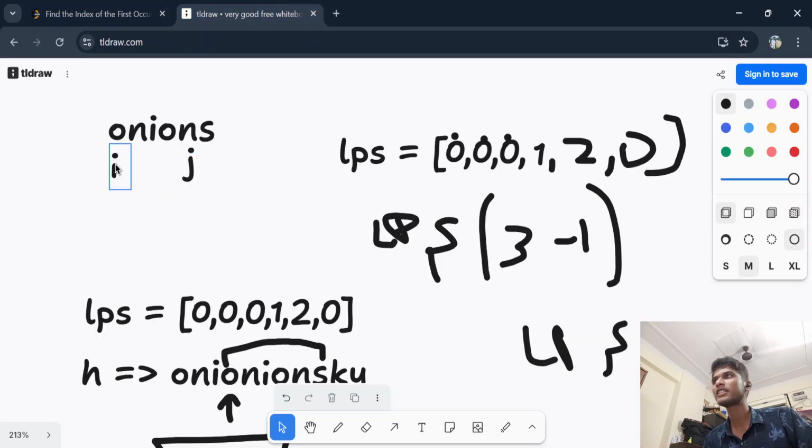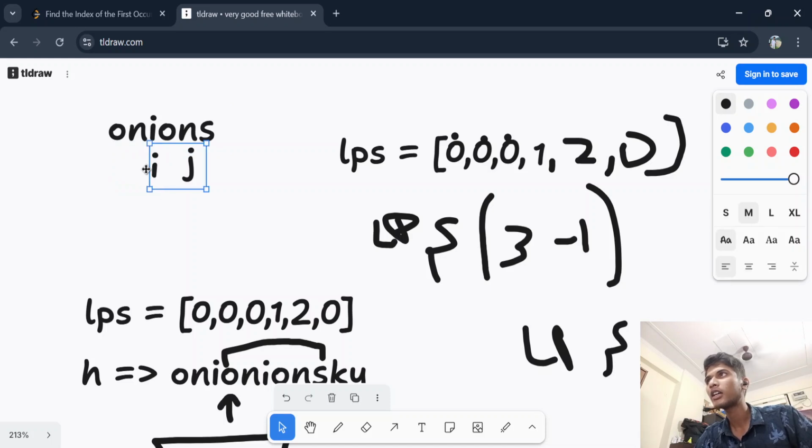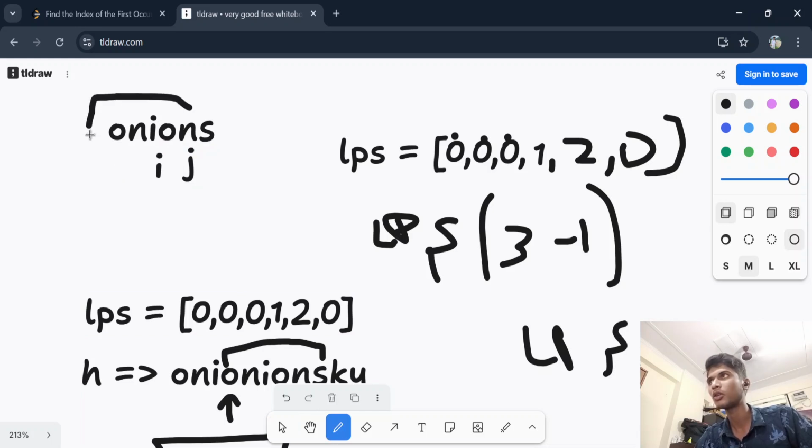Not in this example, because there will not be a condition where, you might be thinking, if this makes this 0, then this o will not match. If I was here and I make my i to here, and you check this o n i o n, two common prefix characters are there.